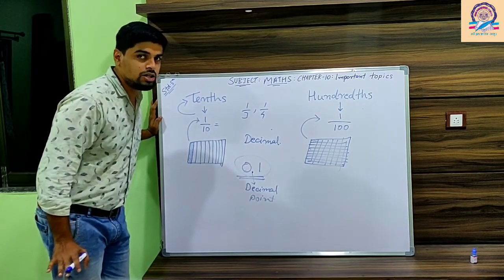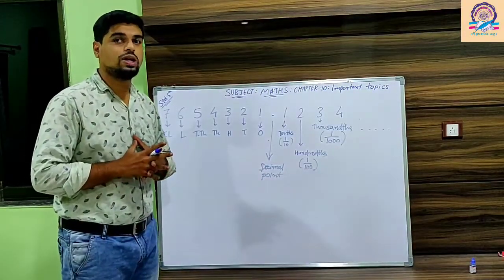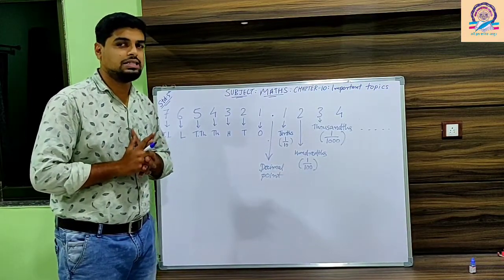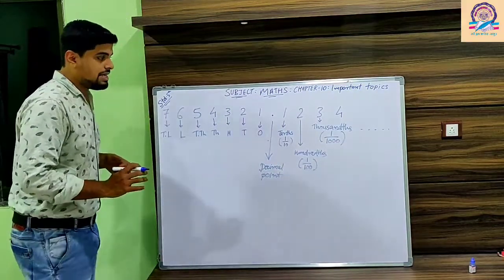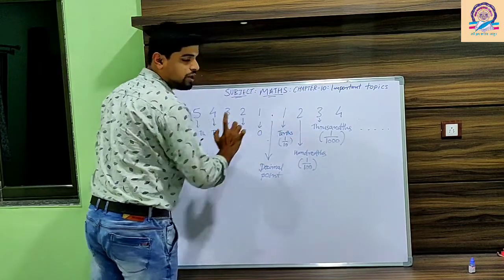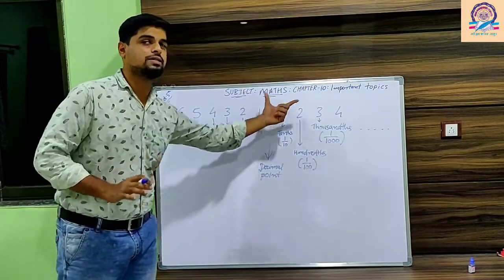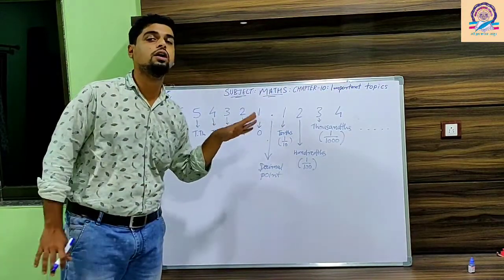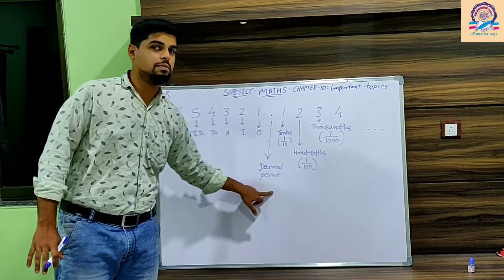Okay, Bacha Party, should we move ahead? To understand decimal and decimal point, we have to take this example. So, as I said, whenever you find a point between two numbers, that particular number will be your decimal number, and that particular point will be your decimal point.